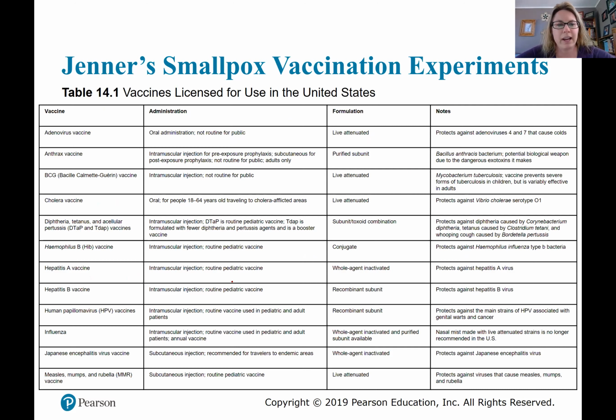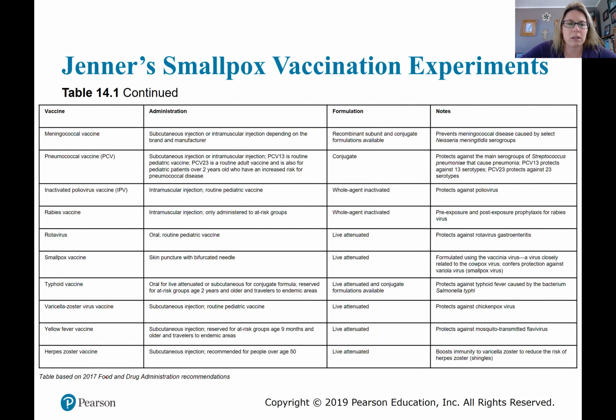So anthrax, that's not something that we would normally give to the general population in the US. BCG, the tuberculosis vaccine, again, not something routinely done here in the US unless you're traveling to an endemic area. Same with cholera. The Hib, Haemophilus influenzae B, is one that we routinely give. Hep A and B, HPV, influenza, MMR, measles, mumps, rubella, those are routine.